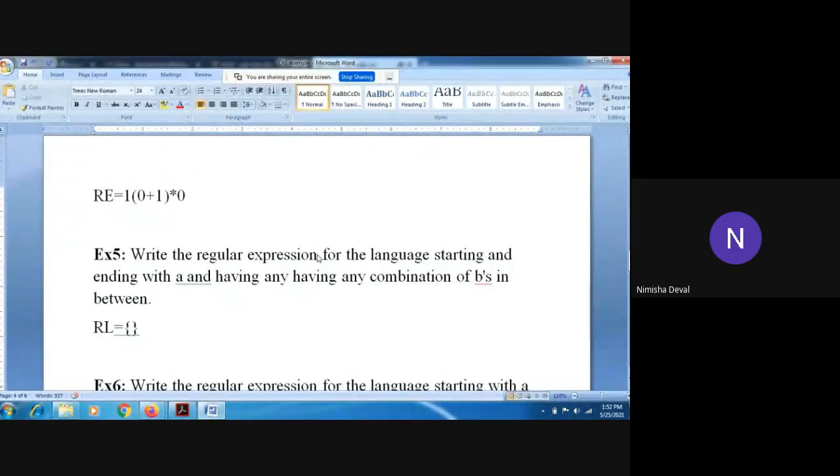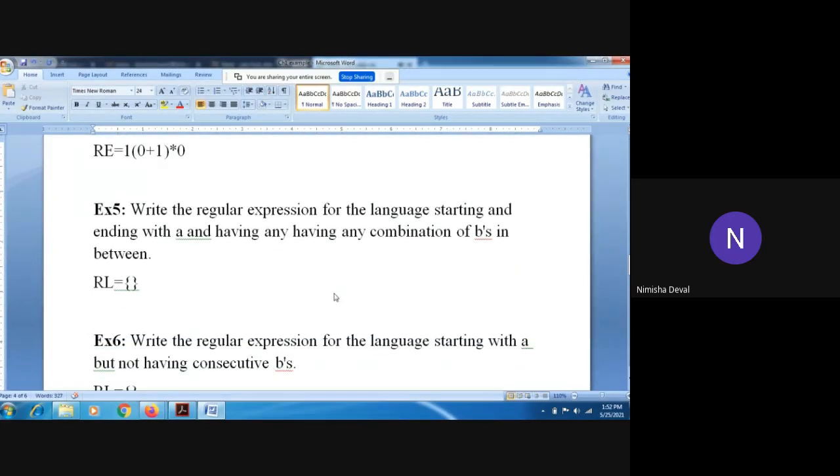Write a regular expression for a language starting with a and ending with b and having any combinations of a's and b's in between.